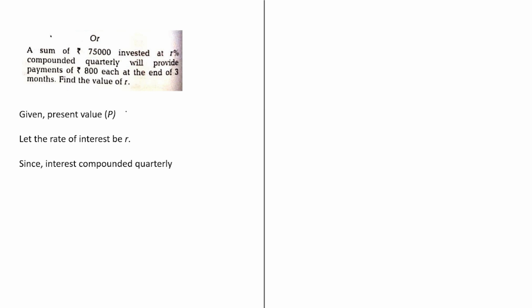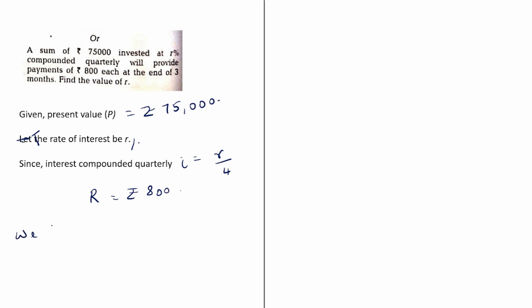So here given present value P is equal to rupees 75,000. And here the rate of interest is already given as R%. Since interest is compounded quarterly, we have I is equal to R by 4. And then the periodic payment, capital R, is given by rupees 800.